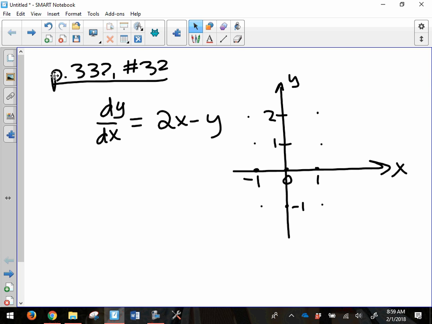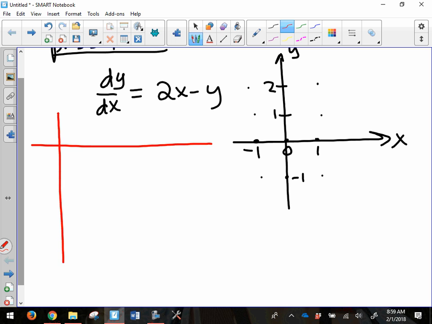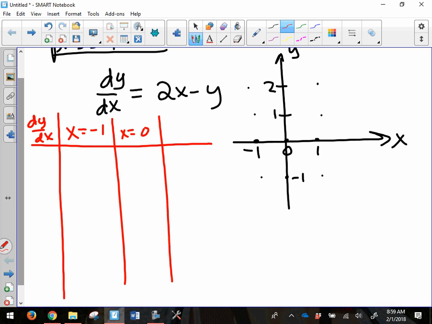So once again, I think it's really useful to make a table. And the thing that we're going to be filling into our table is dy/dx. I'm going to be filling it in for all my different x and y points.